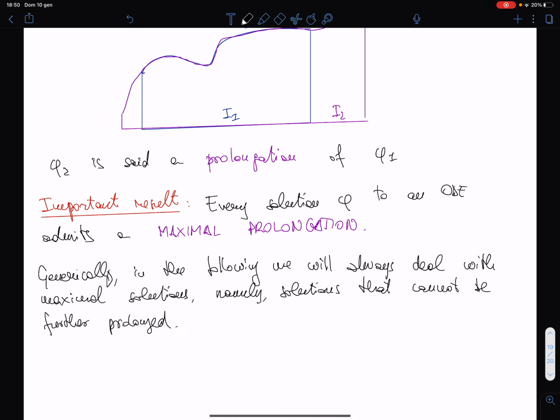Okay? This is everything for what concerns differential equations.